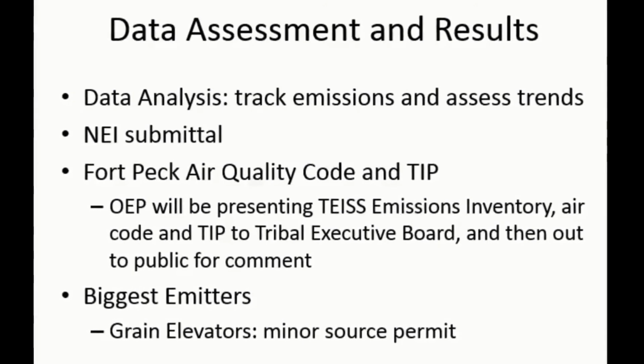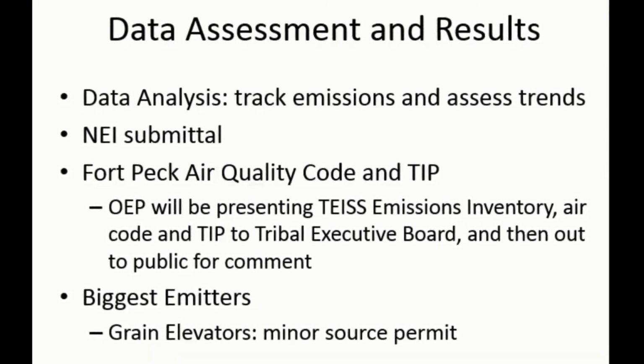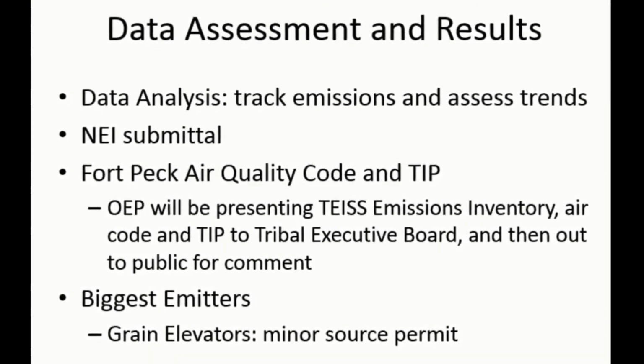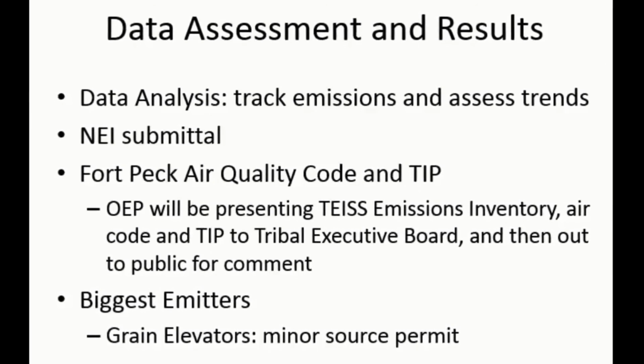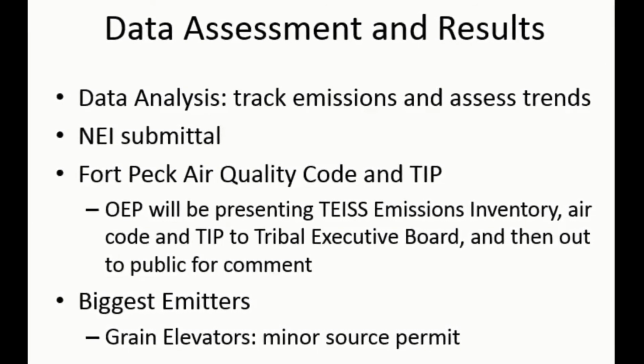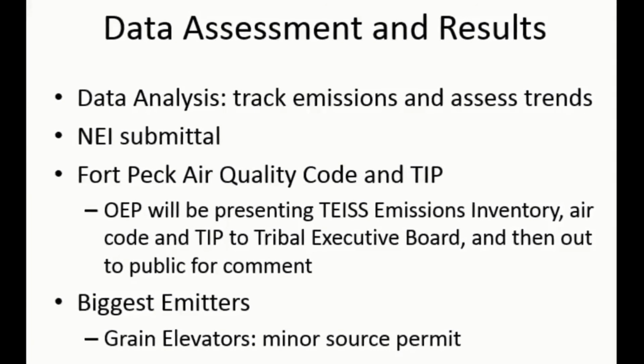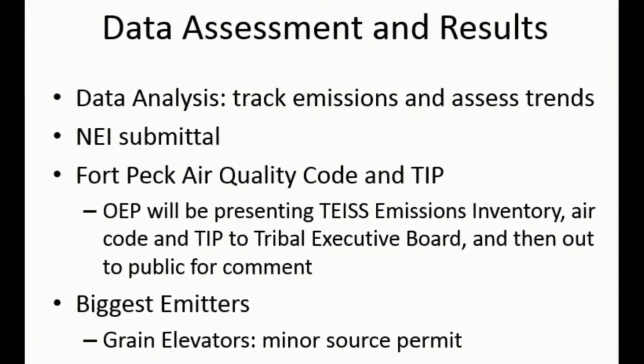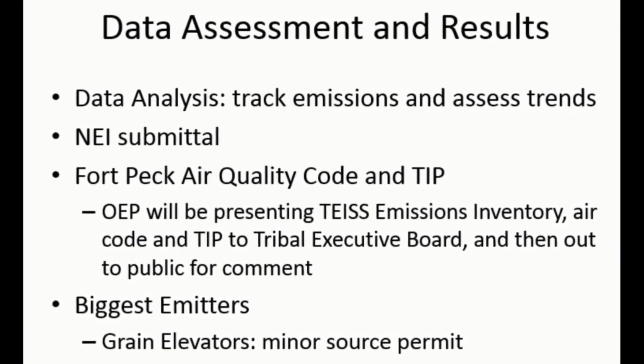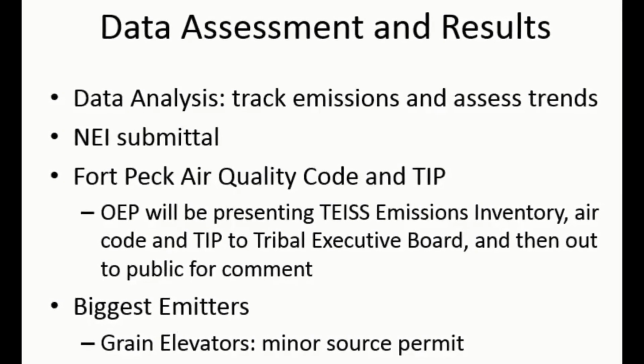Then they were made aware that EPA was coming out with a similar minor source program, and so they went back and looked at it all again to make it similar to the federal program so we wouldn't have a lot of problems. I think right now our biggest issue is the enforcement part, and it's up to the board to decide the best option, and it's against non-Indian offenders.